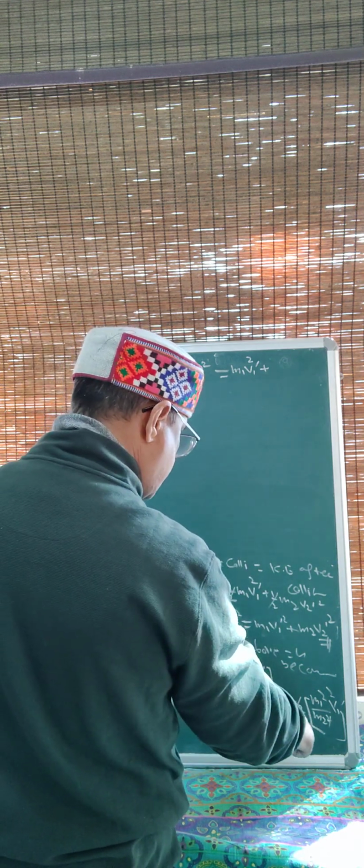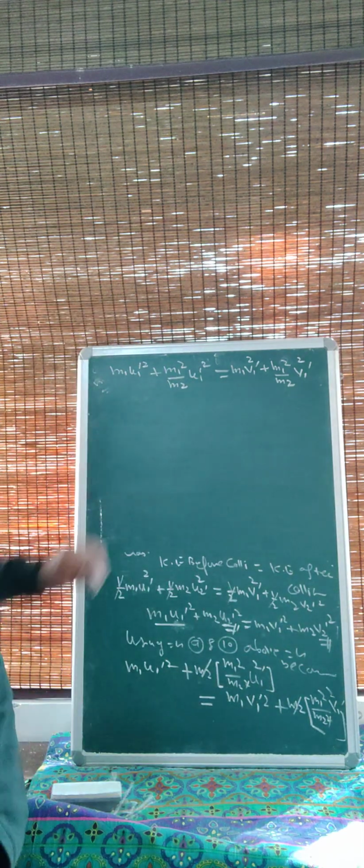This is what is left. And this is equal to m1 v1 dash square plus m1 square upon m2 v1 dash square. This is what we are left with.